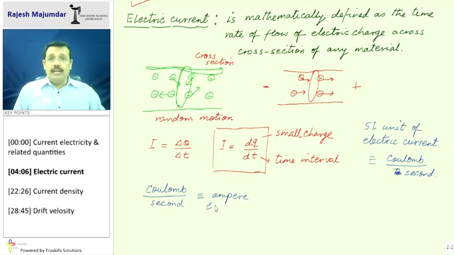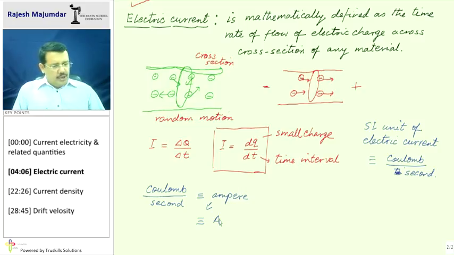If we write only the first letter, then we write capital A. That is why the SI unit, if written in short just by A, has to be written by capital A. Otherwise, if I write the full name ampere, then it has to start with a small letter a. So this is the SI unit, and this is about the electric current.